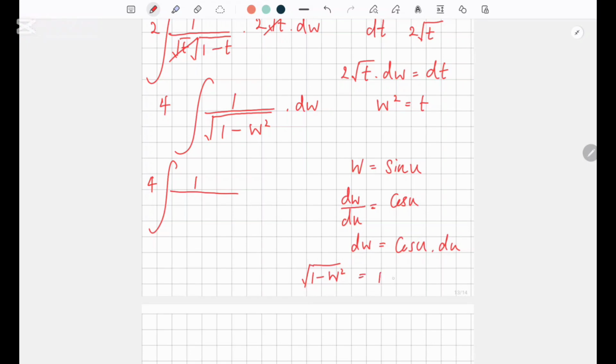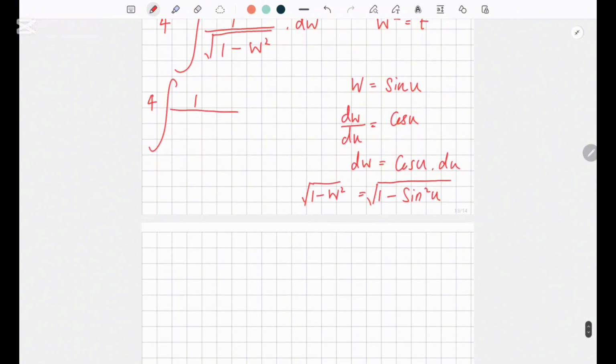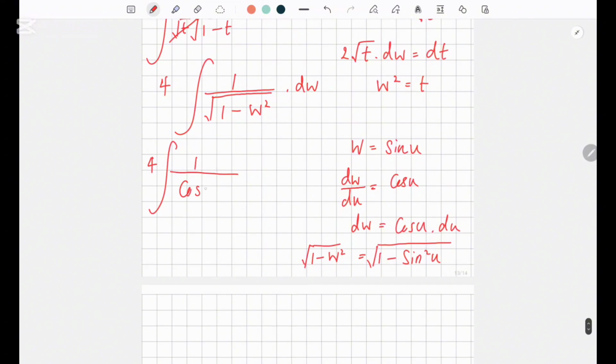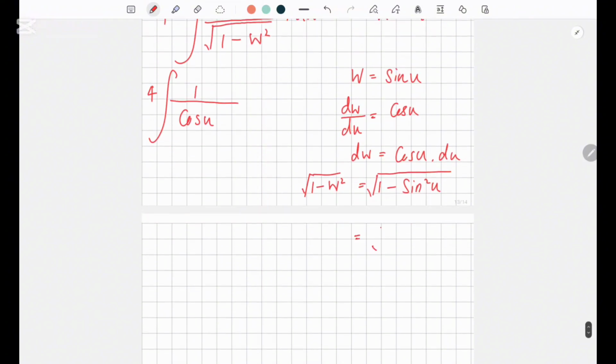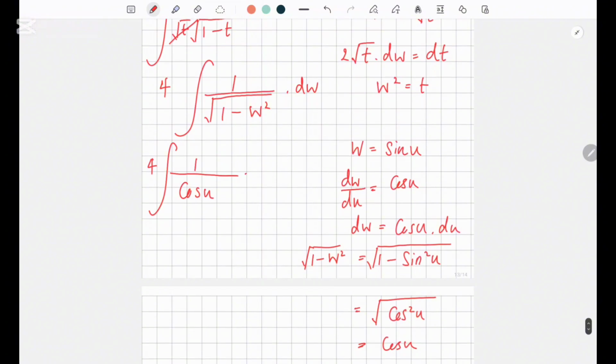That's root of 1 minus sine squared u, which is cos squared u, and root cos squared u is cos u. It perfectly simplifies for us. Cos u, and instead of dw, cos u du. The trigonometric substitution makes it really easy for us.